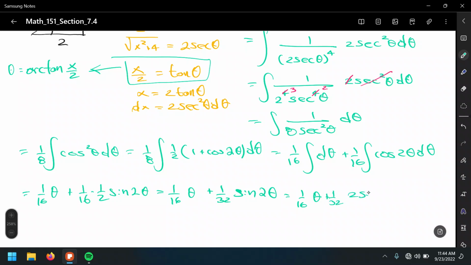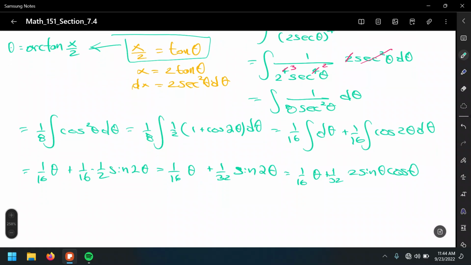Isn't that 2 sine cosine? Well, let's divide out the 2/32. That's 1/16 sine theta cosine theta, and we're good to go and do the back substitution if we go back to the world of x.